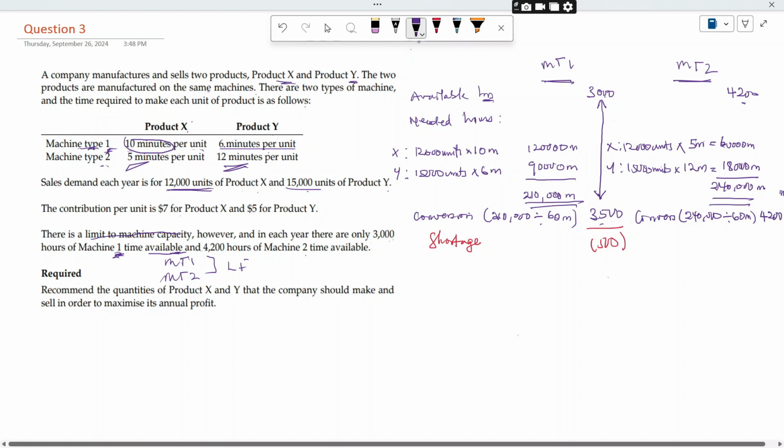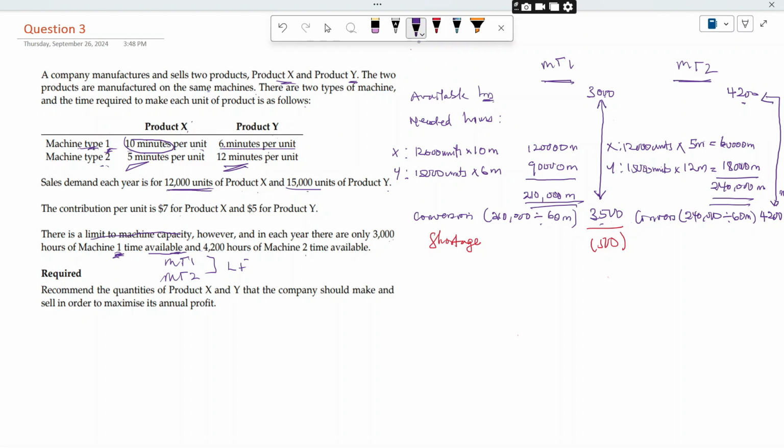Now we are going to compare this to this one. Oh, sorry, it is 4,000, not 4,200.